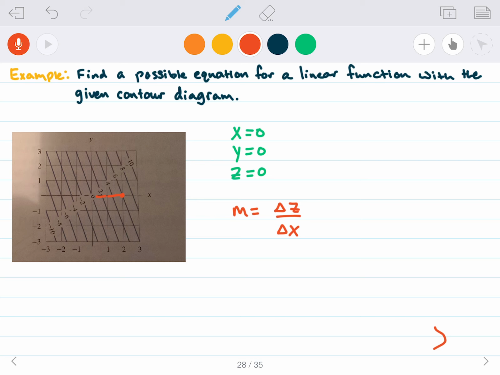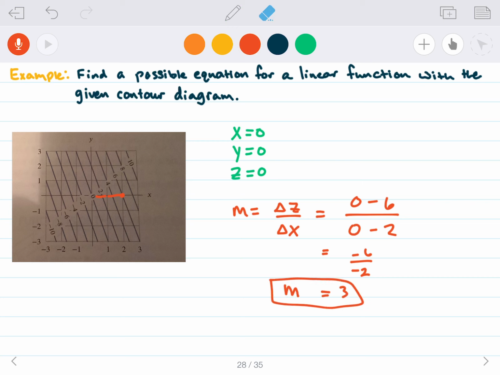The change in x: I went from x equals 0 to x equals 2, and the corresponding z, I went from z equals 0 to z equals 6, because I'm on the line where z equals 6. So putting this together, we have negative 6 over negative 2, which is equal to positive 3. So my m is going to be positive 3.